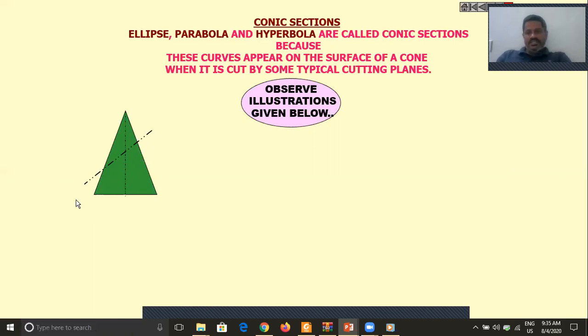After making the section, we get this shape, which is nothing but an ellipse. When the section plane touches or passes through the two generators, the shape that we get is an ellipse.